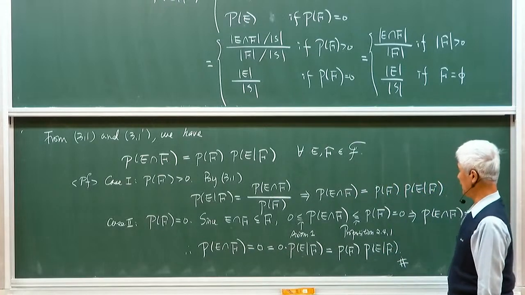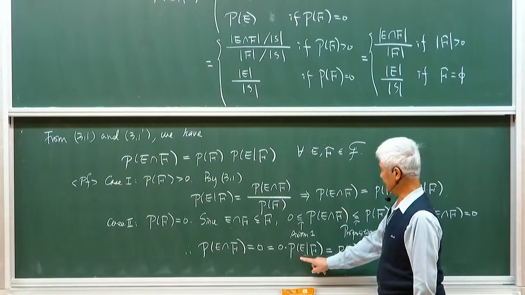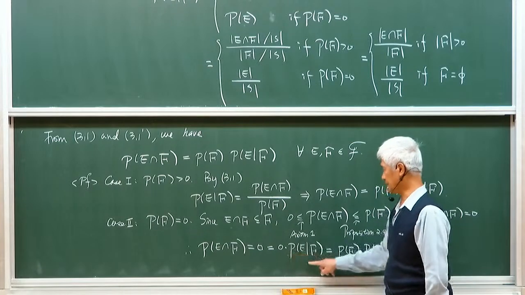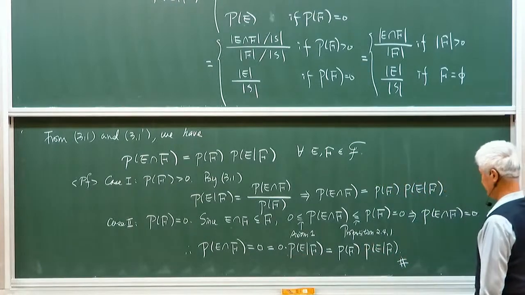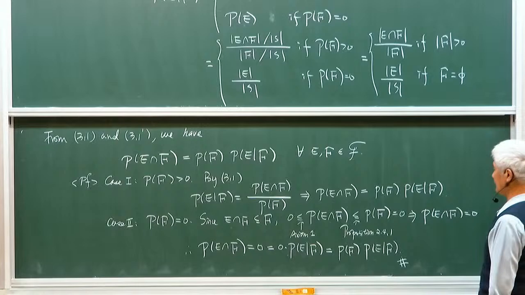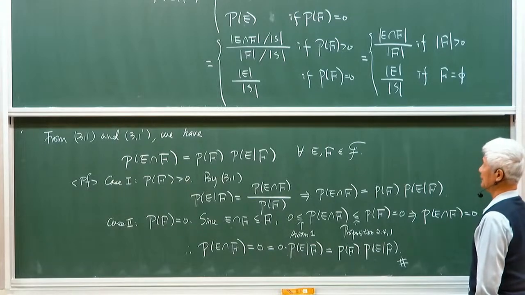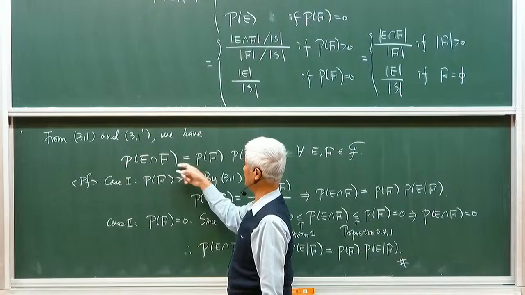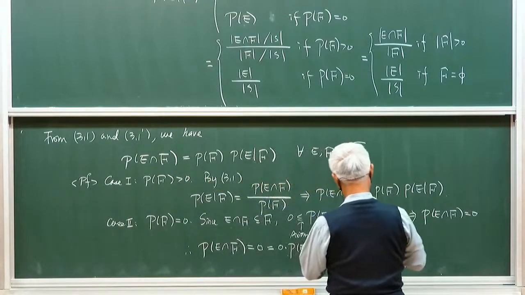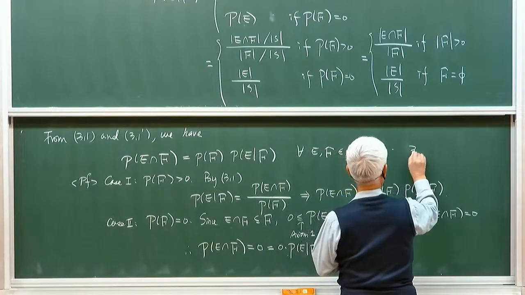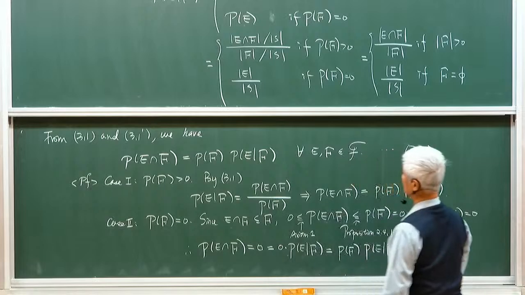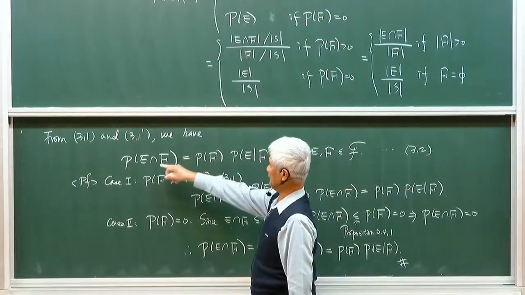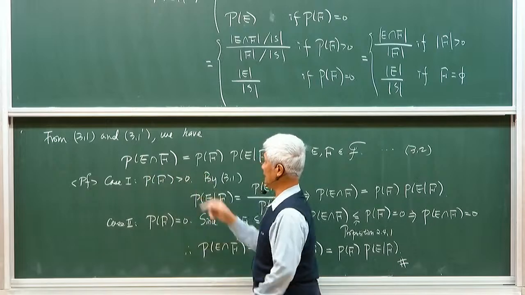Of course, by our definition, this conditional probability is just probability of E, the unconditional probability, but that's fine. So we have this formula, which we will call 3.2. This formula is good for any event E and any event F.